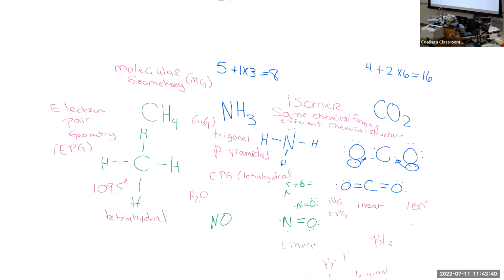Bent. Okay. What is the electron pair geometry? Tetrahedral, right? Because you have lone pairs. Remember what its structure looks like.